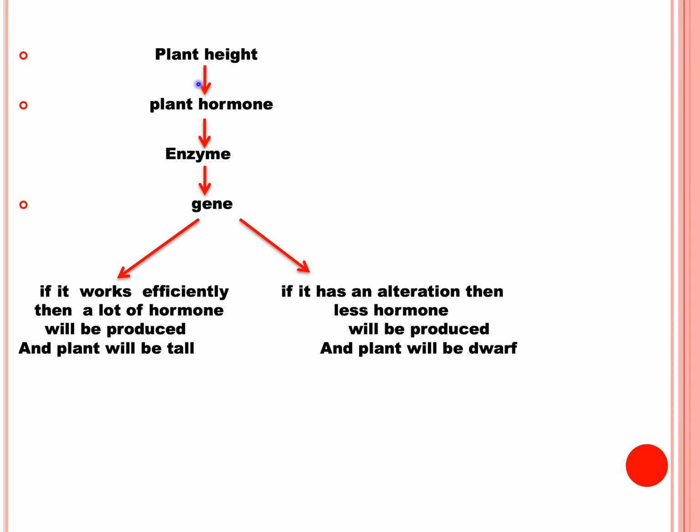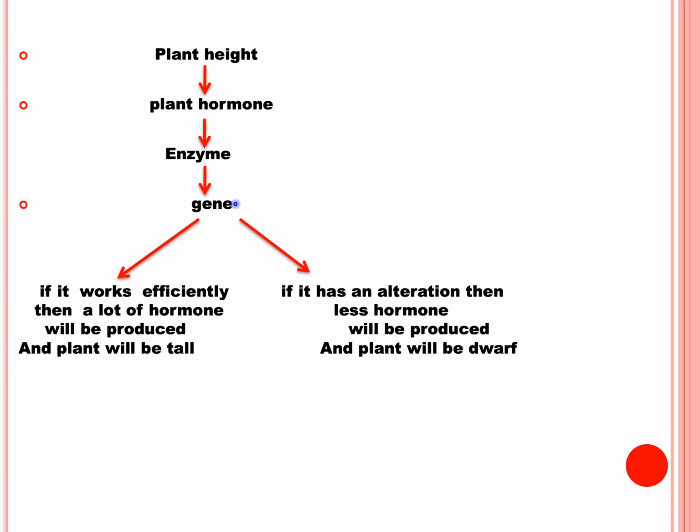Students, the height of the plant depends on the amount of plant hormone, and production of plant hormones depend upon an enzyme. The efficiency of that enzyme to make that particular plant hormone is controlled by gene. If the gene for that enzyme works efficiently, then a lot of hormone will be produced and the plant will be tall.